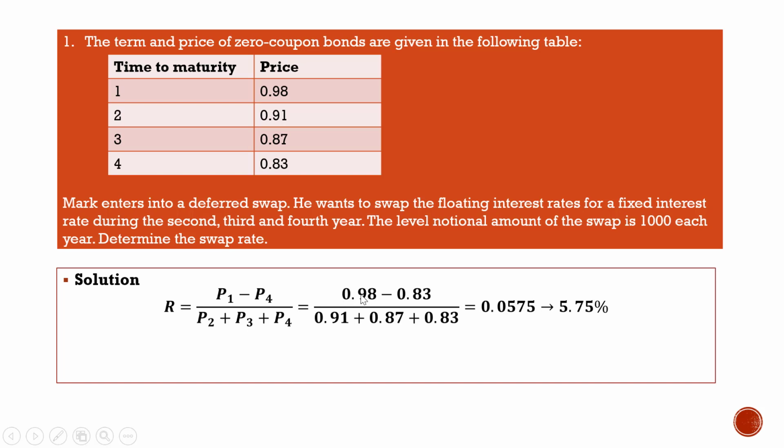That is 0.98 minus 0.83 over 0.91 plus 0.87 plus 0.83, which is 0.0575. So the fixed swap interest rate during the 2nd, 3rd, and 4th years is 5.75%.